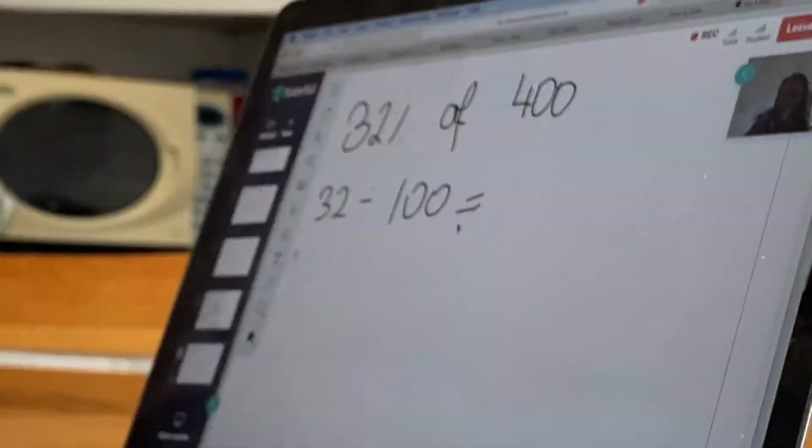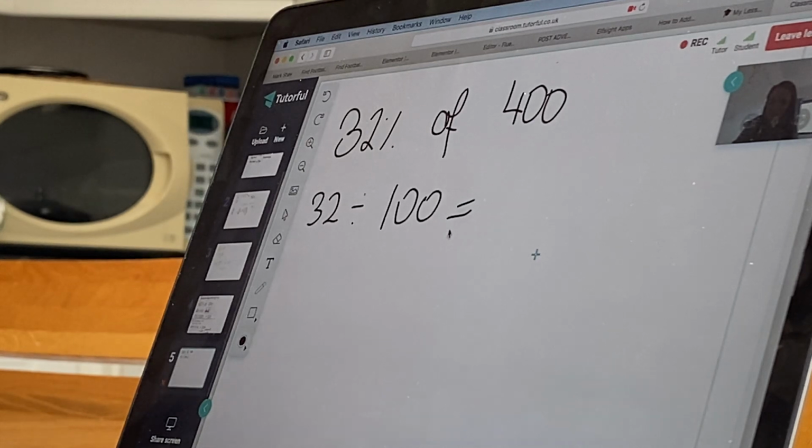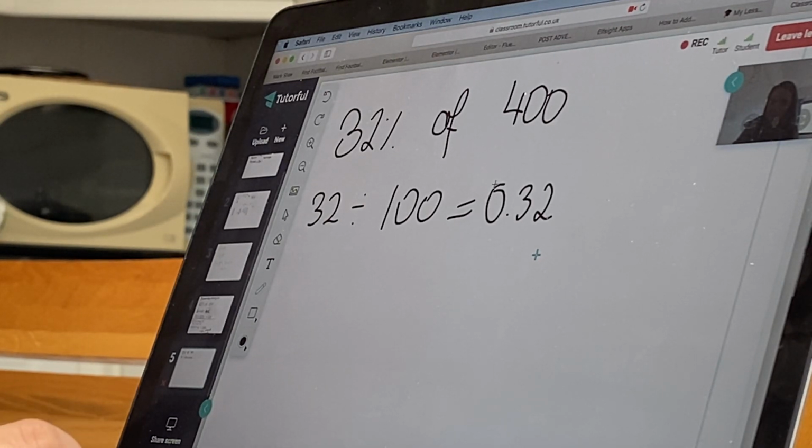What's this answer going to be? Not 0.4, so we're doing 0.3, sorry, 0.32. Yeah, perfect. So this is going to be 0.32.